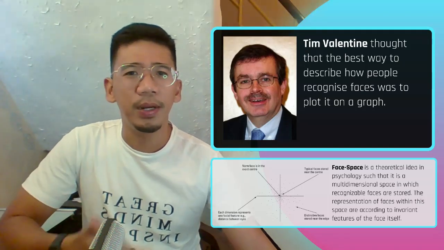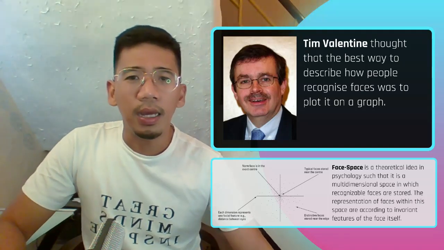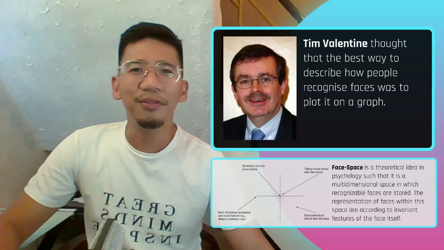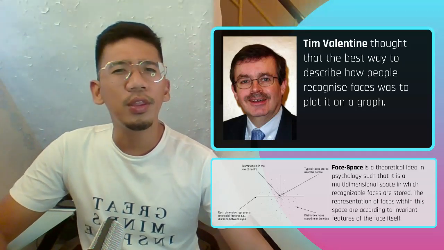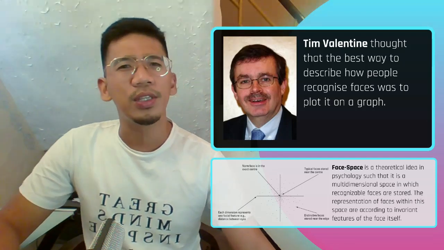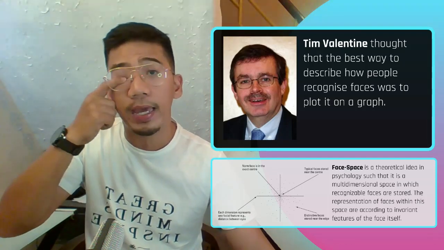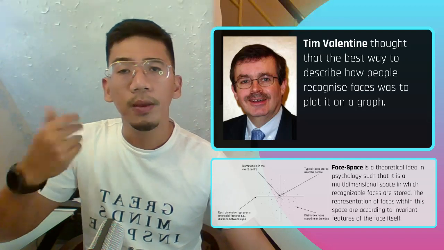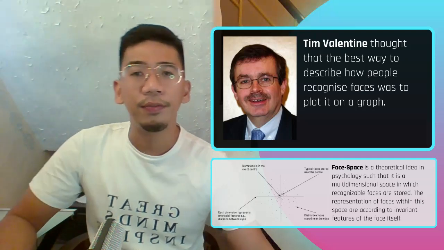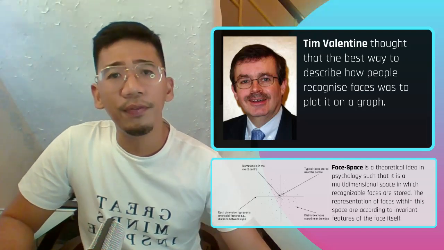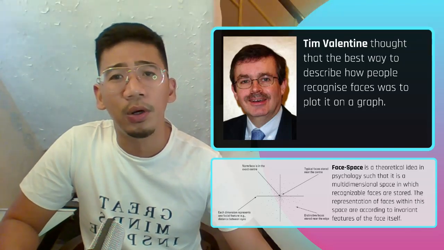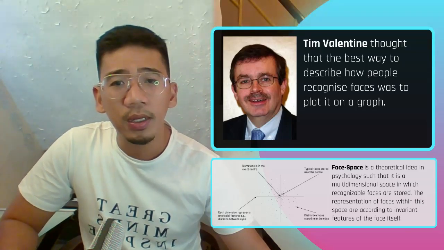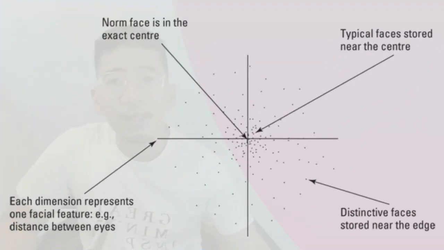So Tim Valentine, a British psychologist with a marvelous mustache, devised face space. He thought that the best way to describe how people recognize faces was to plot it on a graph. Technically, this graph is called a multi-dimensional space, but I draw only two dimensions here, or what we call axes.